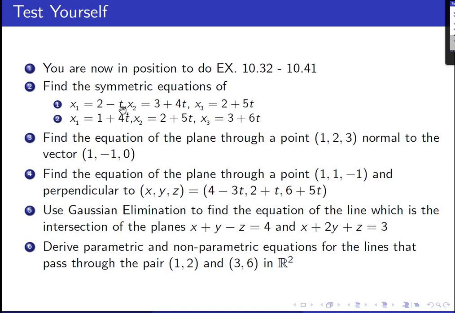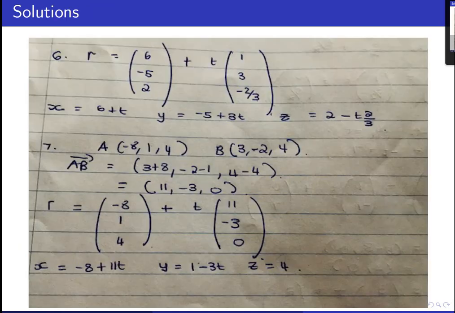What you need to do is just solve x1, x2, x3 in terms of t and equate them. The same idea applies for 2.2, so you can do 2.2 as an exercise.